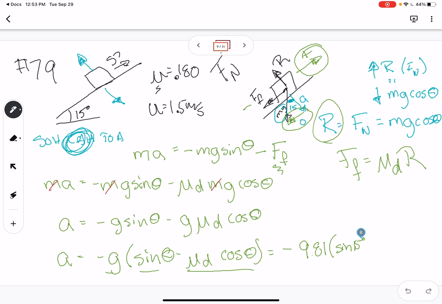Make sure as soon as you do this in your calculator, you check your calculator to see if it's in degrees or radians. Minus 0.18 cosine of 15 degrees. And again, that's all nothing but numbers. Plug that in and give me an answer in terms of what is the acceleration of our block. You guys have 2 minutes until 12:55 to give me a number.